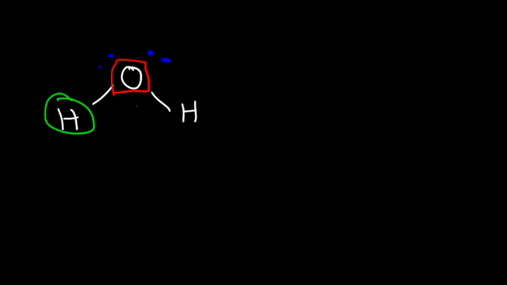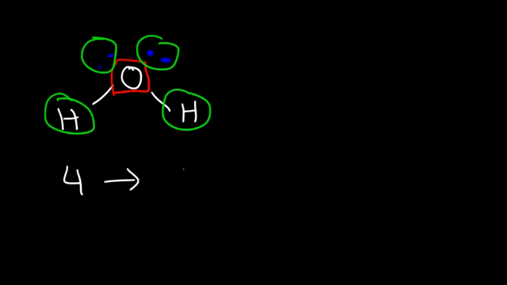Now what about water? What is the hybridization of the oxygen atom in water? So how many groups does it have? It has 1, 2, 3, 4. So you want to count each lone pair as 1. So therefore the oxygen is sp3 hybridized.